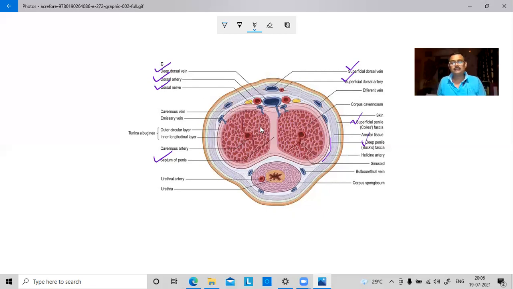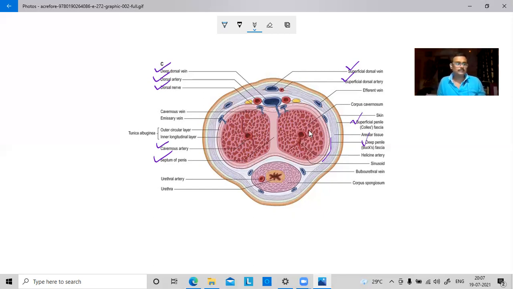You can see these cavernous spaces within the corpora cavernosa, into which blood will flow through this artery, the cavernous artery or helicine artery, which is a branch of the deep artery of the penis.